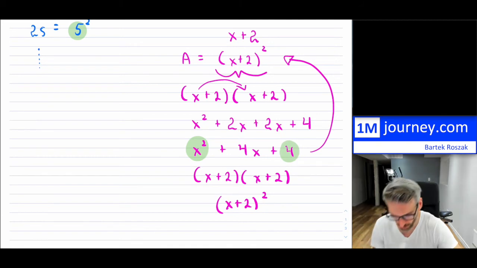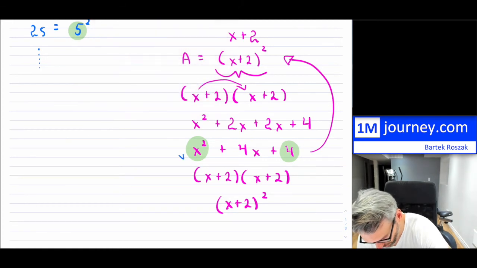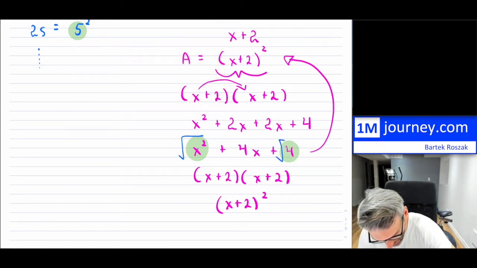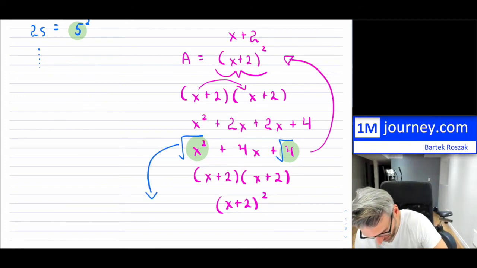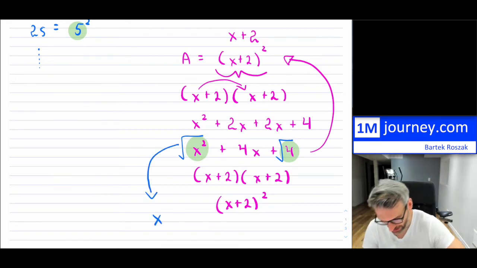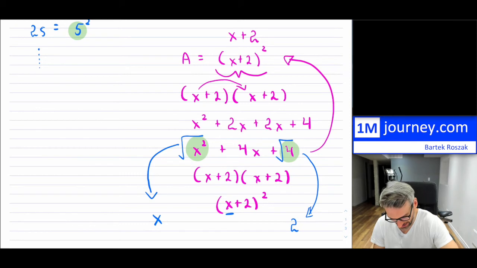In this case it's 4. If you take the square root of those two, what do I get? Well, if I take the square root, I'm just going to get x. If I take the square root of this, what I'm going to get is 2. And notice this is exactly what you get right here.